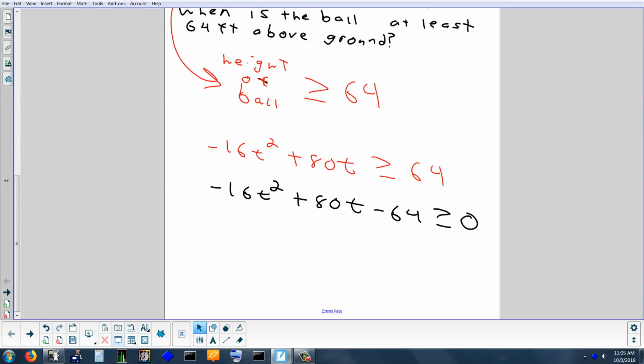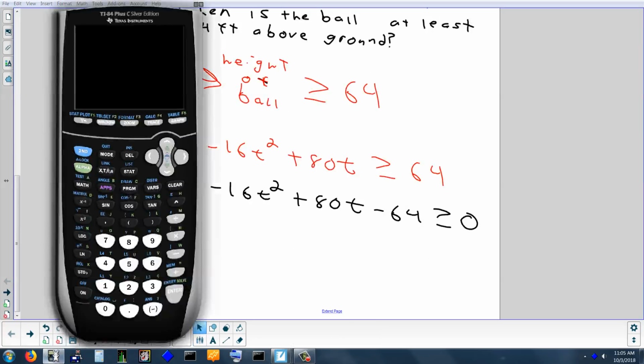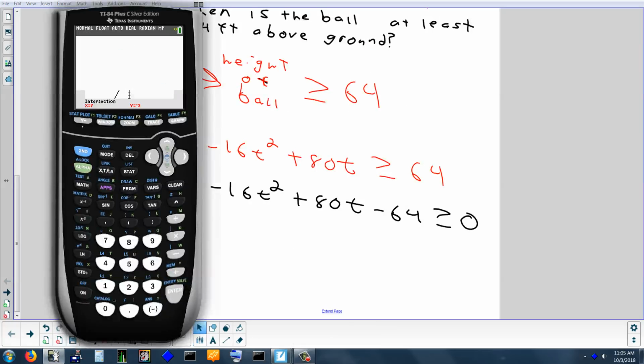Okay, so now what I'm going to do is graph that and see what it looks like on the screen. If you got anything else in there, just get rid of it. Remember, for the variable, make sure you use x. You can't use anything besides x. Plus 80x minus 64.